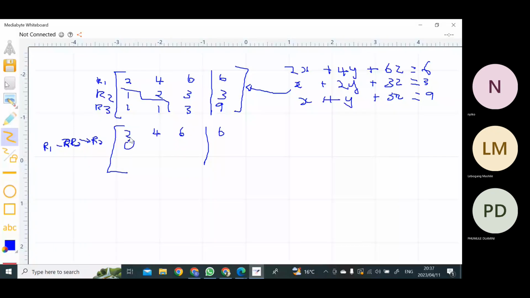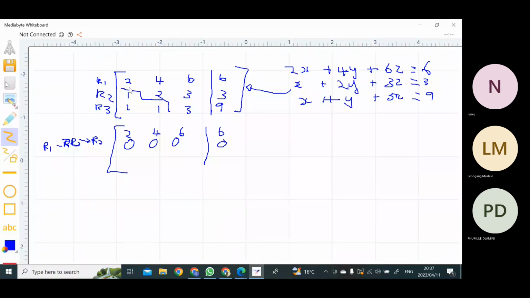Then 4: if I minus 2 times 2, 4 minus 4 is going to give us 0. Then 6: if I minus 2 times 3, it's going to still give us 0. And then 6 minus 6 is still going to give us 0.